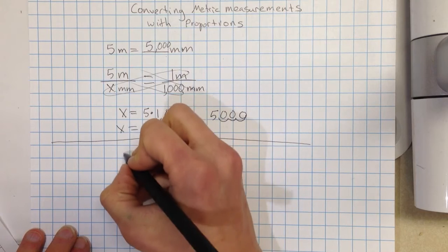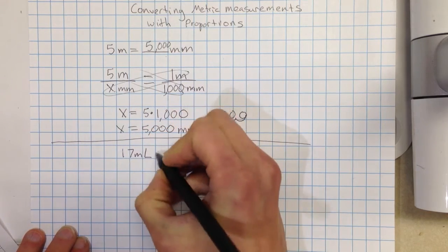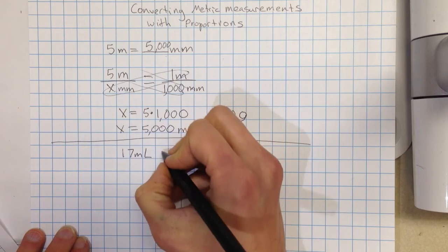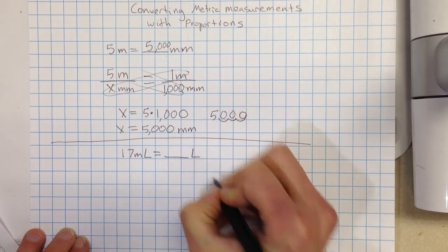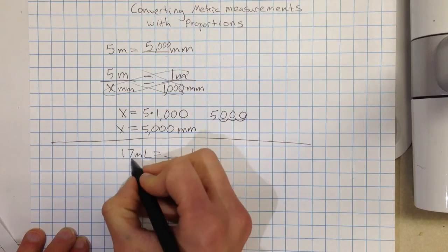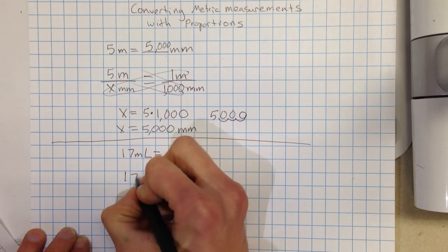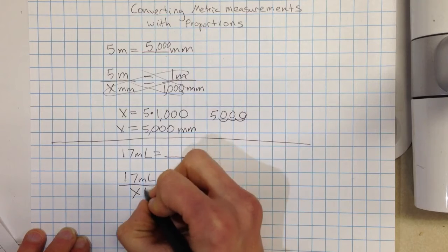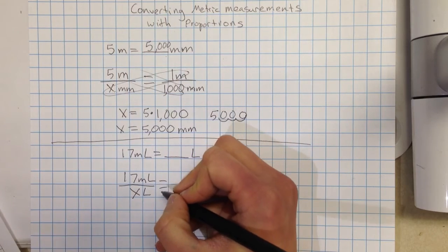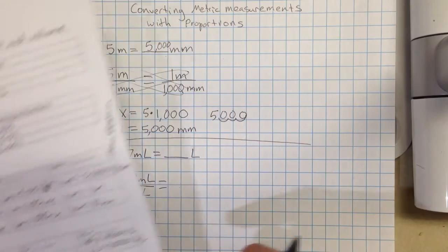So I have, let's say, 17 milliliters. Remembering the liter symbol is usually a capital L, equals how many liters? So I'm going to write a ratio with what I have and what I want to change it into. So I would have 17 milliliters over x liters. Look at my table right here and see if I can find the milliliters and liters.